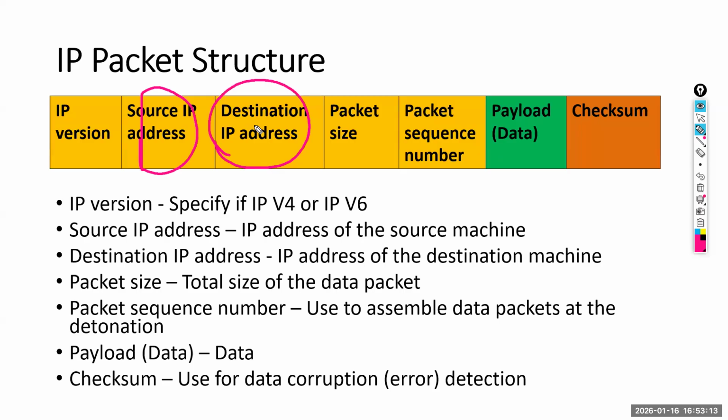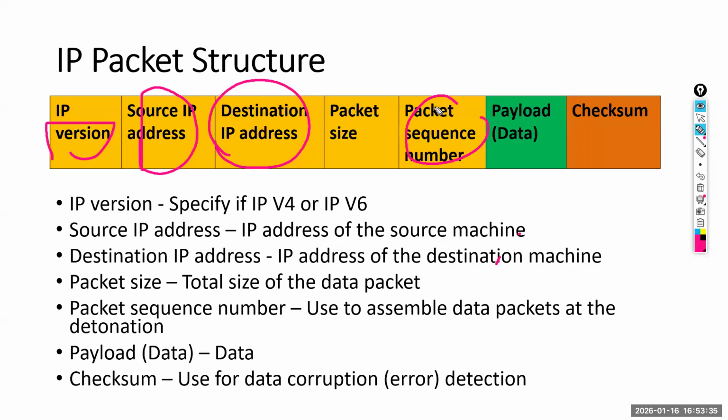And some other things like IP version, whether it's V4 or V6, packet size, and packet sequence number, because these data packets can go out of sequence. Different data packets can reach the destination using different paths, so you don't always get the packets in the same order.